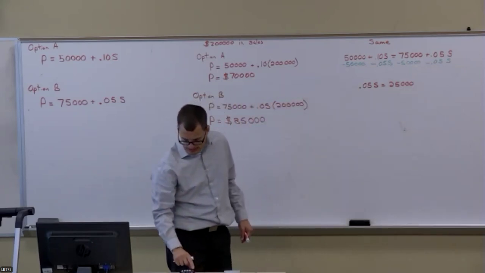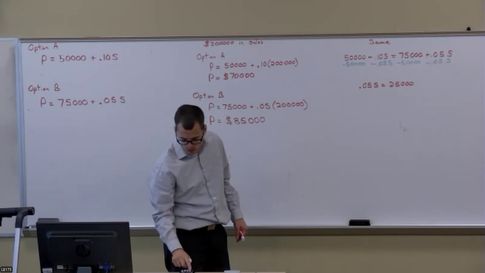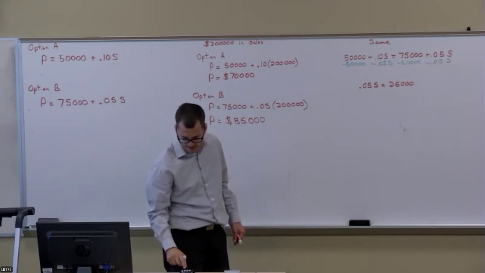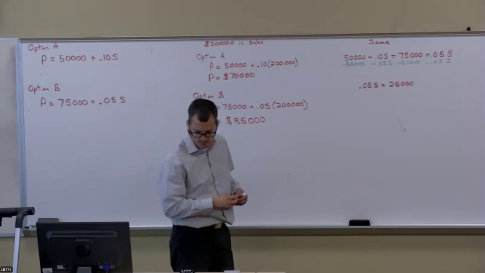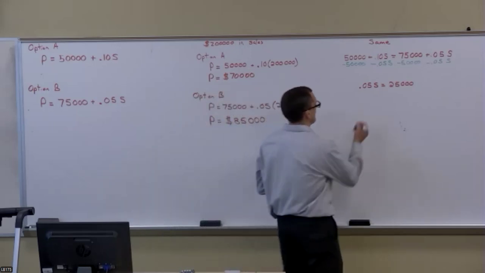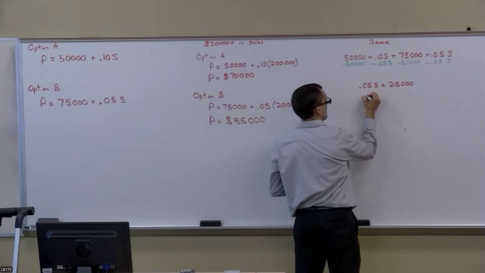And so, in order to solve this, I take that 25,000 and I divide it by the 0.05. Oops. Hit the wrong thing, my calculator. And that gives me 500,000 as the s.